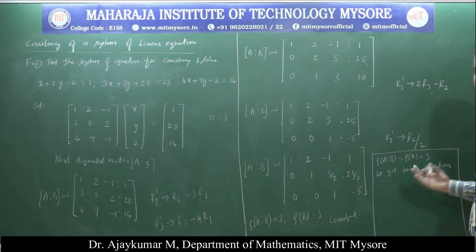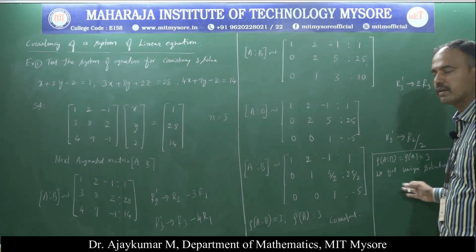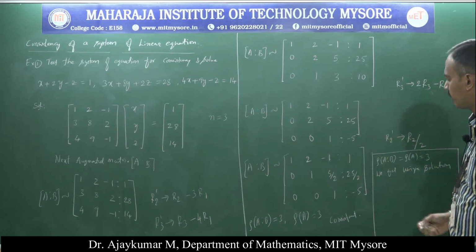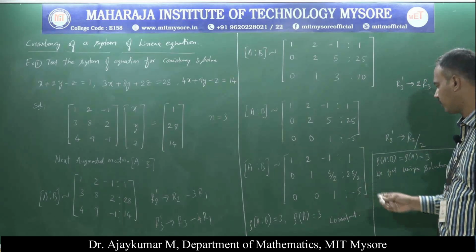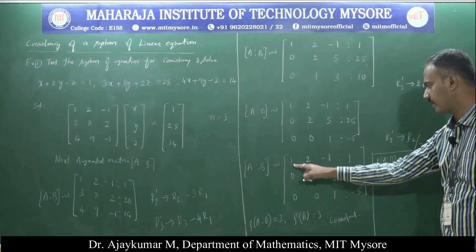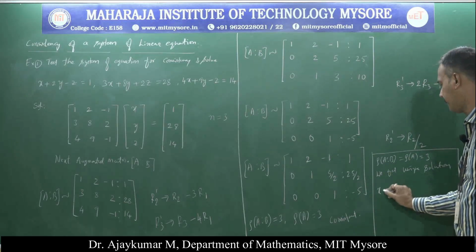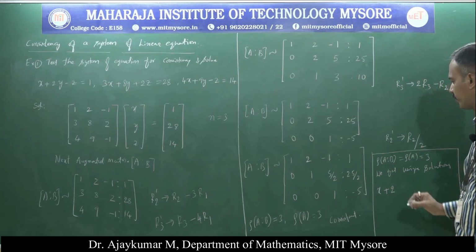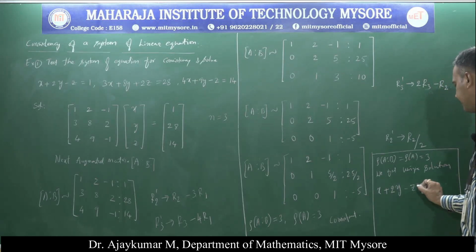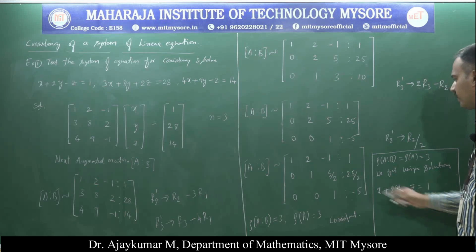Now how do we get the unique solution? We can represent it in equation form: x plus 2y minus z is equal to 1.